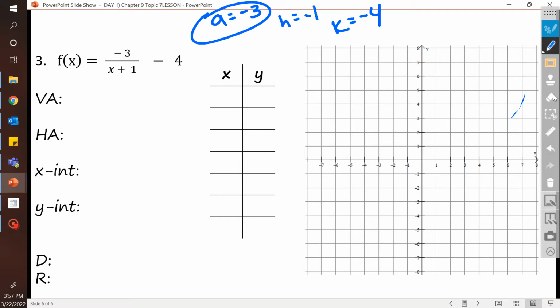So there's a couple of transformations we're looking at here. We're looking at a reflection because of the negative. We're looking at a vertical stretch by a factor of 3.